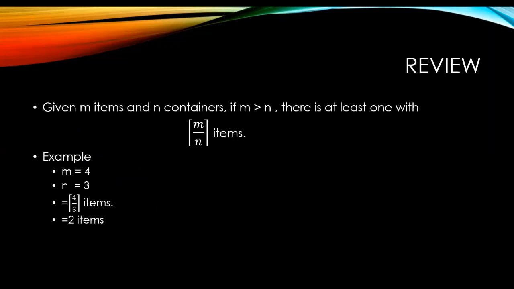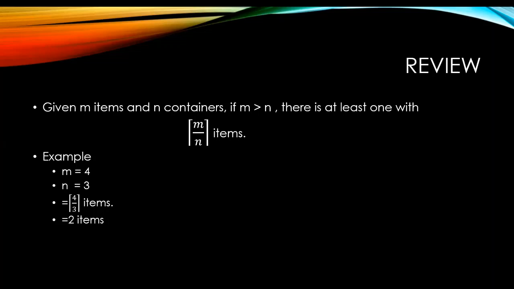Another thing that we discussed in the pigeonhole principle is this formula. Given M items and N containers, if M is greater than N, there is at least one container with the ceiling of M divided by N items. This symbol is the ceiling, which means round up. For example, we have 4 items and 3 containers.